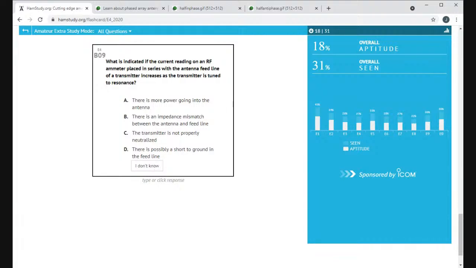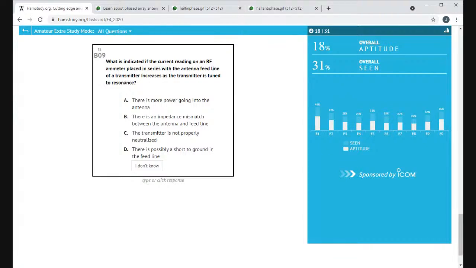What is indicated if the current reading on an RF ammeter placed in series with the antenna feed line of a transmitter increases as the transmitter is tuned to resonance? A. There is more power going to the antenna. B. There is an impedance mismatch between the antenna and the feed line. C. The transmitter is not properly neutralized.